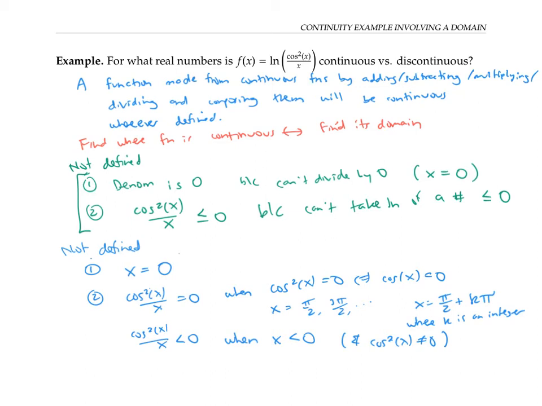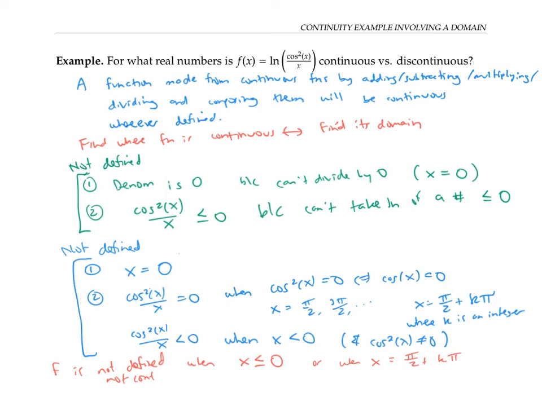So if we put all this together, we see that f is not defined, and therefore not continuous, when x is less than or equal to 0, because if we put this and this together, or when x is pi over 2 plus a multiple of pi.